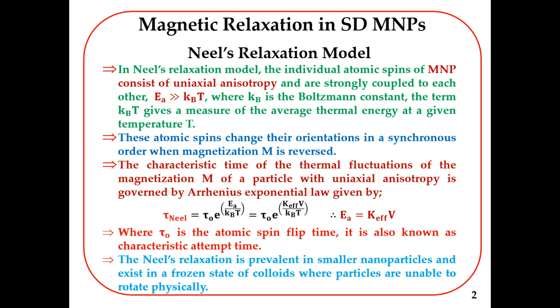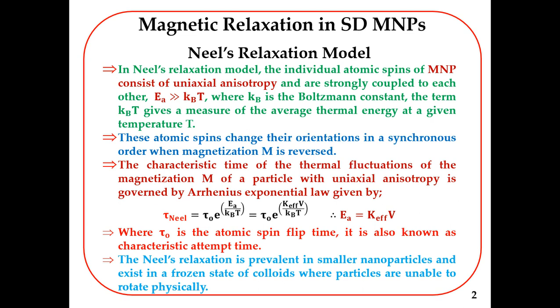So it's a competition between the anisotropy energy, which is a characteristic of the material nanoparticles, and it depends upon the effective anisotropy constant of the system, which includes the shape anisotropy, surface anisotropy, core anisotropy, and stress anisotropy. We already discussed anisotropy in the face-to-face lectures, and it also depends upon the volume of the system, this anisotropy barrier. So KBT is the applied thermal energy, the applied temperature.